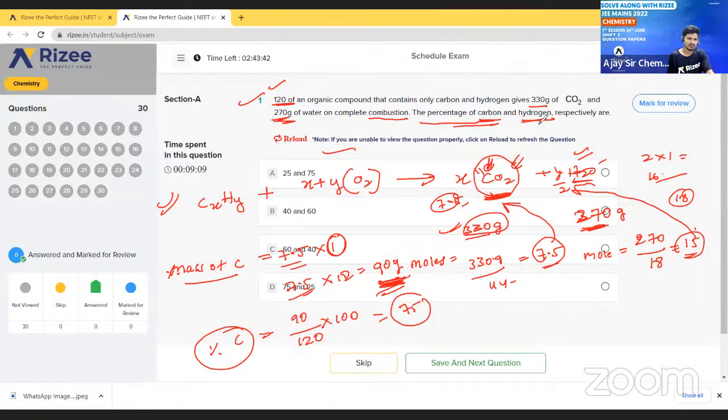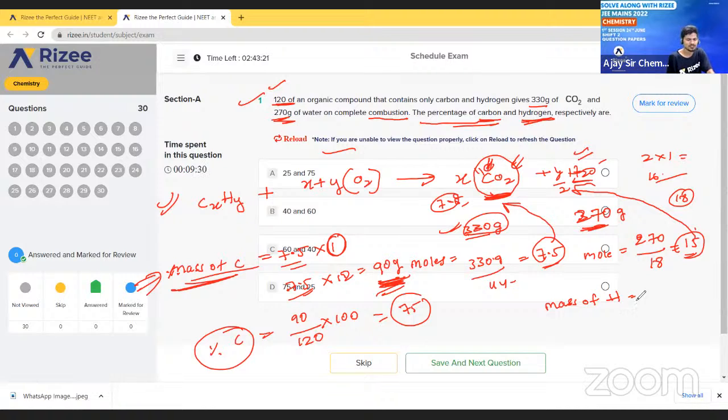Percentage of the hydrogen. See here, first of all, as we found the mass of carbon, at the same time we have to find the mass of hydrogen, because we are finding the percentage of the hydrogen. What is the mass of hydrogen? Yes, Nandu Reddy, very good.